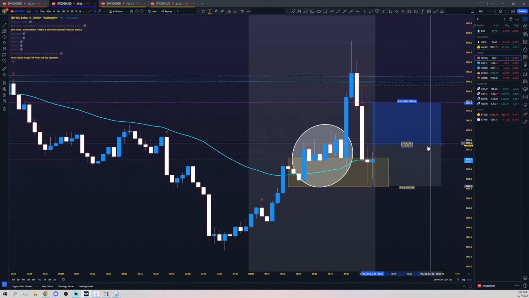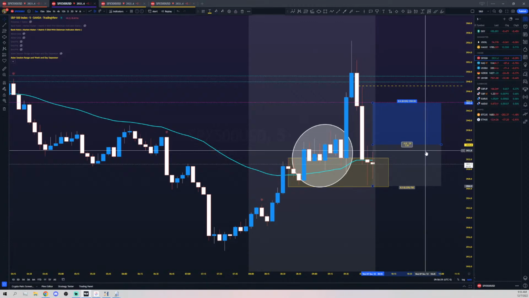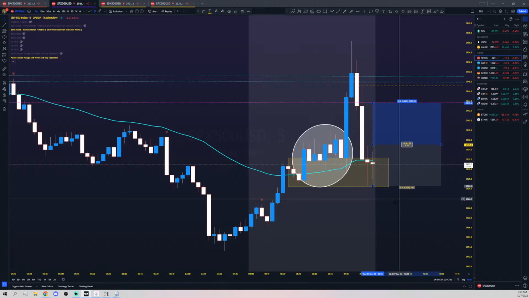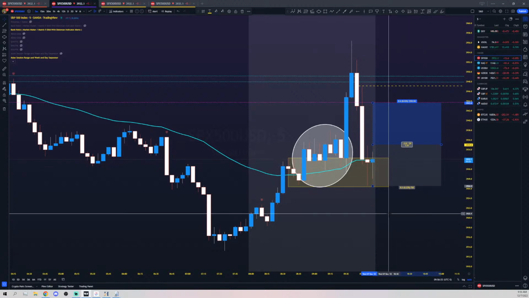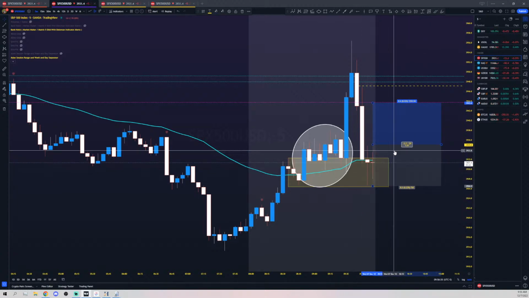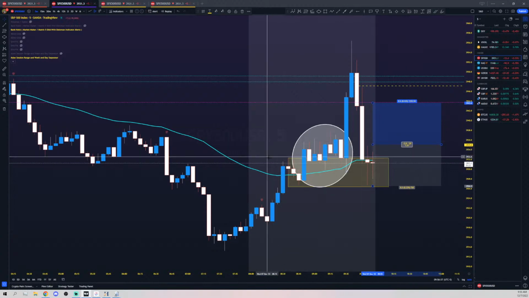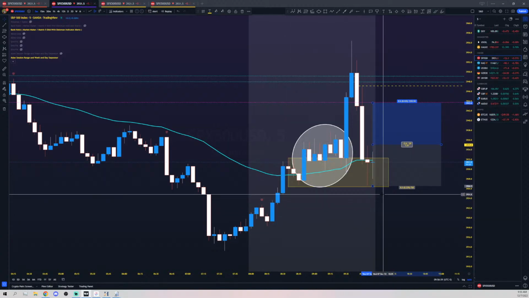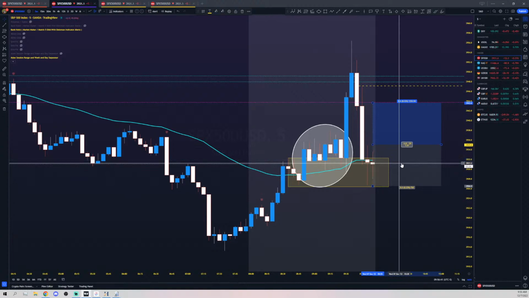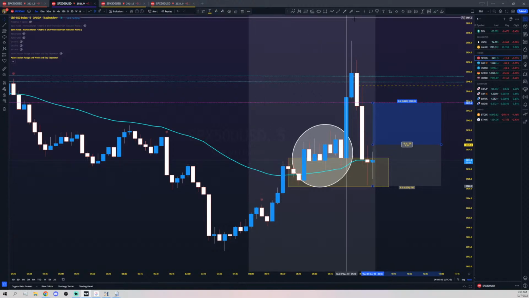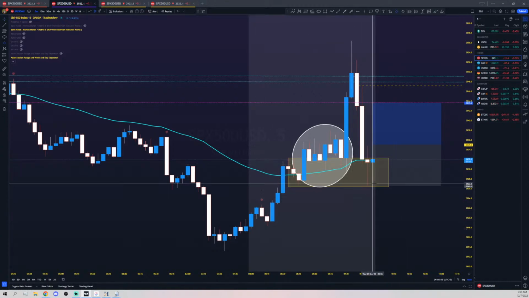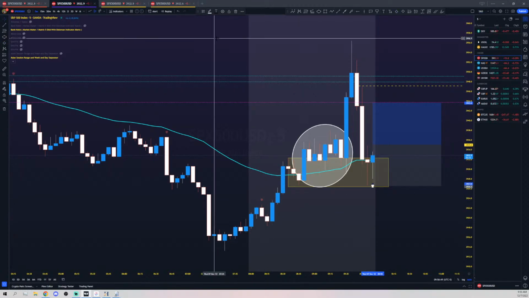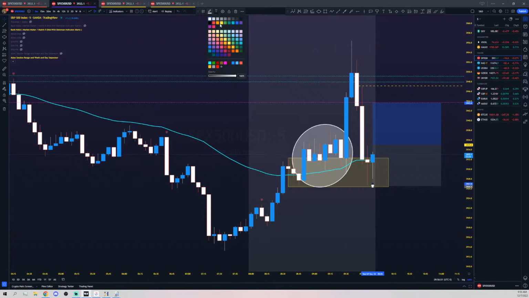There's no true right or wrong supply or demand zone that we're gonna draw, because we're not gonna truly know. But we have an idea and an area of interest. Here's our BOC.